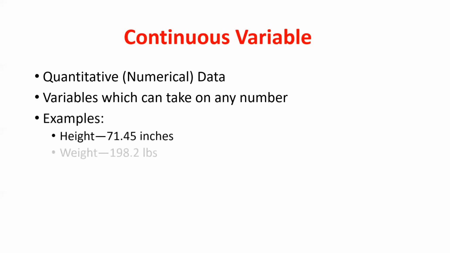Some examples might be, if I had a very precise measurement tool, I can get height and weight out to whatever decimal I want. Specifically for weight, they submerge you in water and, using different equations of physics and the displacement, you can get the weight of an individual out to whatever decimal level you want.